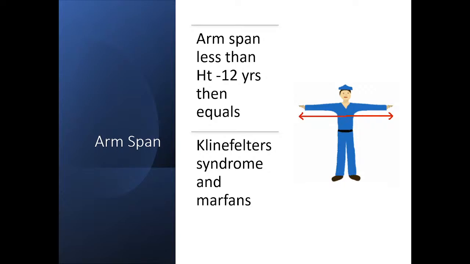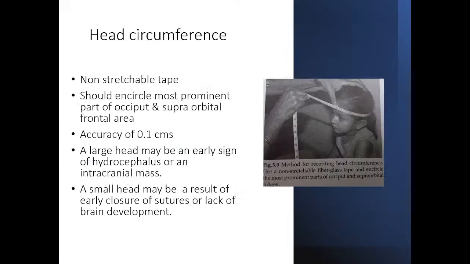But in Marfan's, usually this will cross. If you try it out and you have some flexibility, probably you will do it, and don't start thinking that you are Marfan's. But this is the indicator that you may be dealing with Klinefelter syndrome or Marfan's.